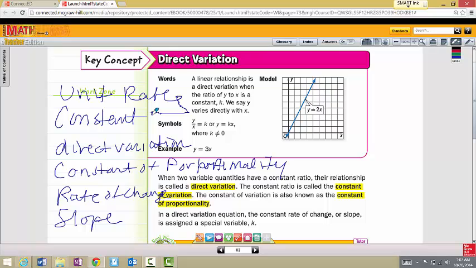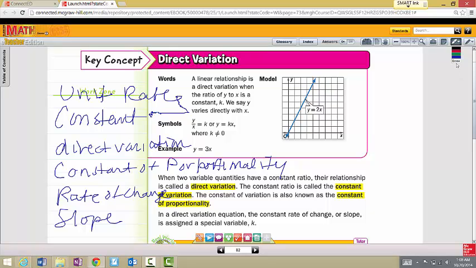Slope, direct variation and constant of proportionality are for things that are a straight line, whether they're proportional or not.